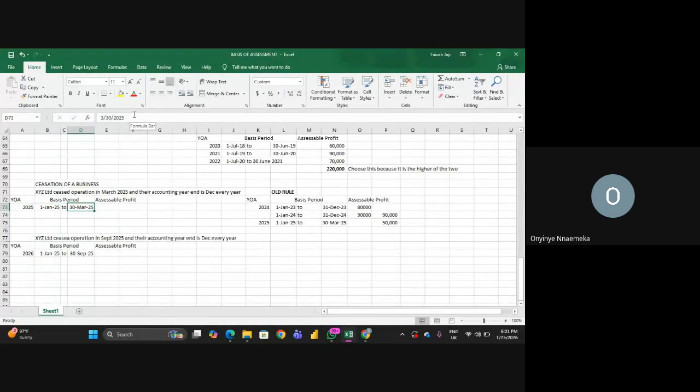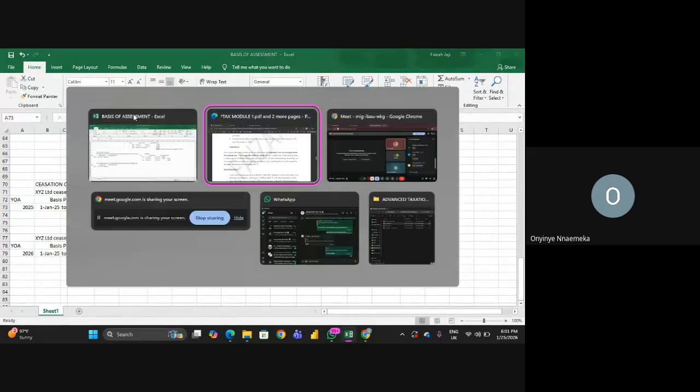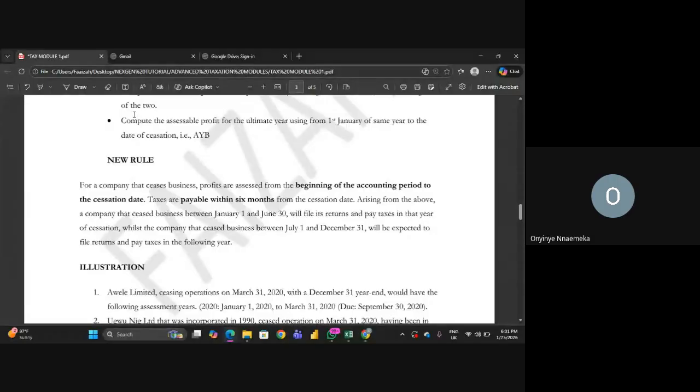It is very simple. But now, how do we get the year of assessment that we are going to use? The rule says that you need to consider whether the business ceased between January to June or between July to December. That helps you determine whether your year of assessment will be the same year they ceased business or the year after.